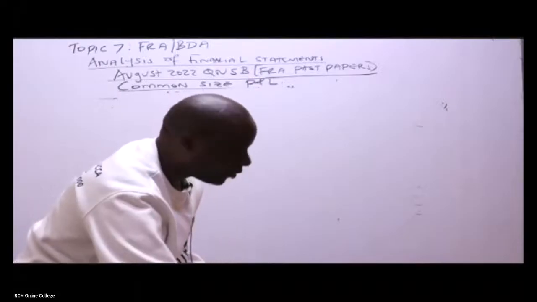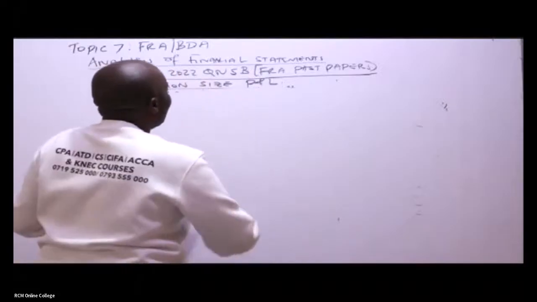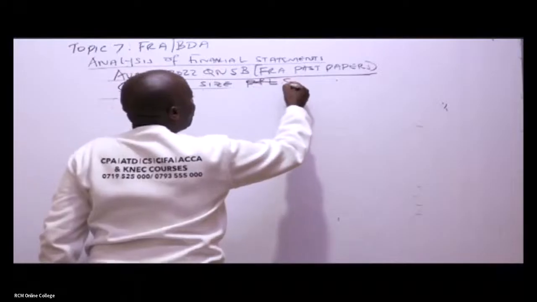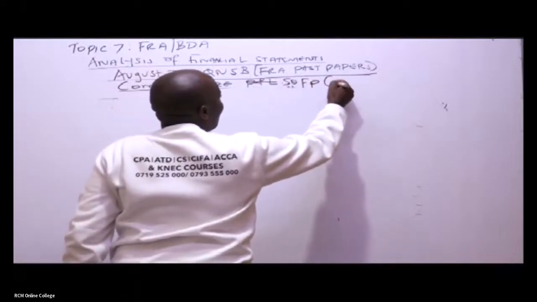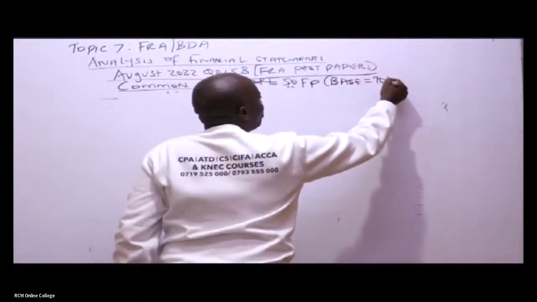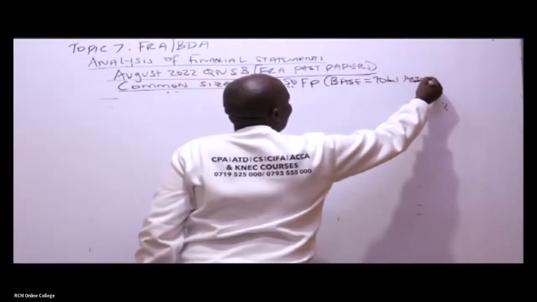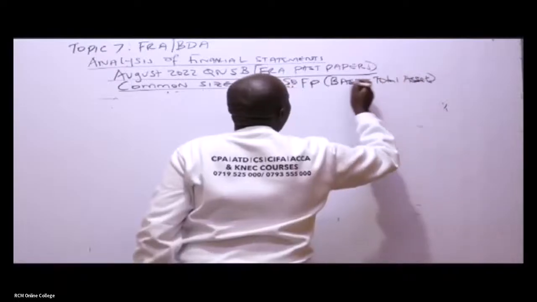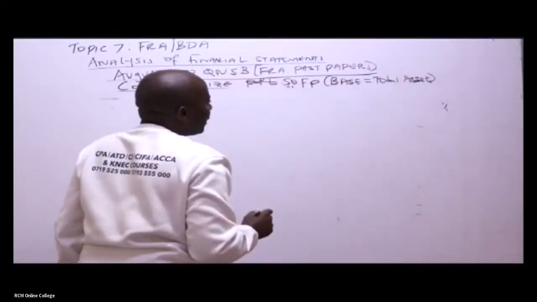So under the common size statement of financial position, our base will always be equal to total assets. Look for the total assets figure.